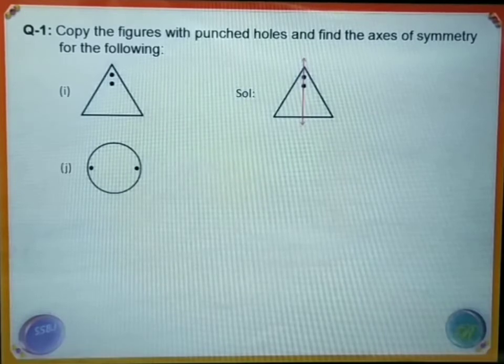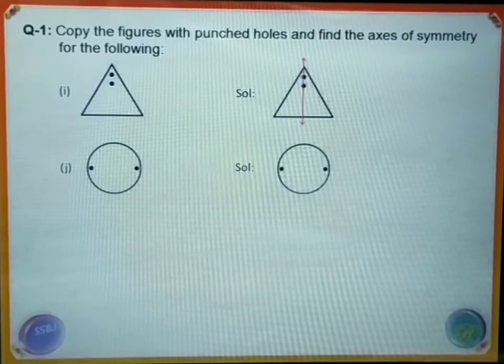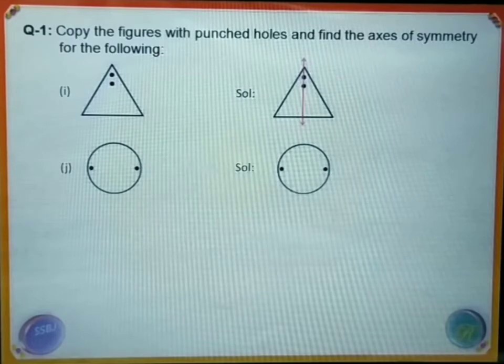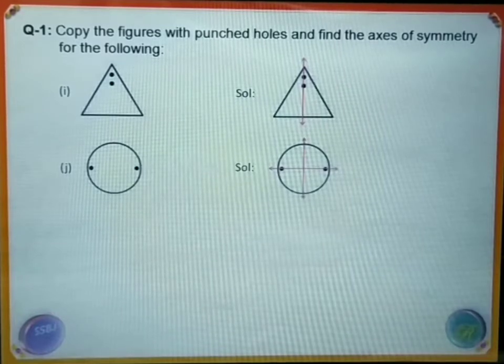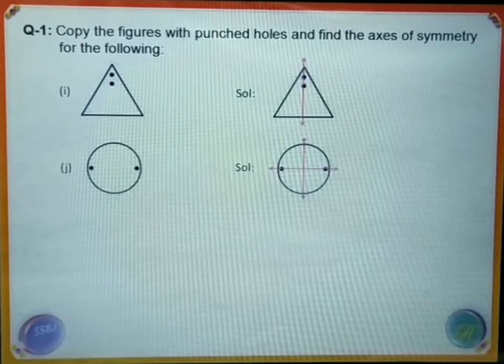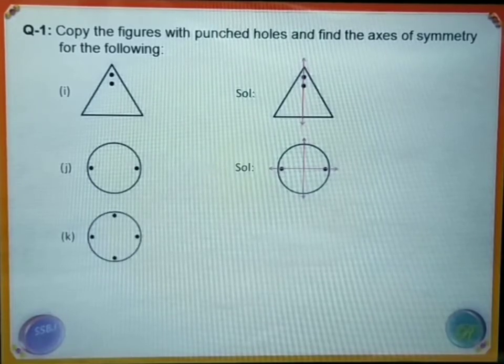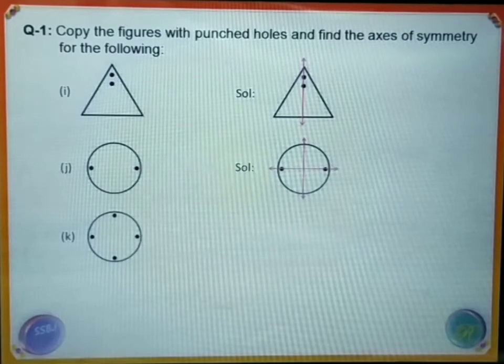J. Solution. Take the copy of this figure. Draw the lines or axis of symmetry. How many can we draw? 2. K. Solution.